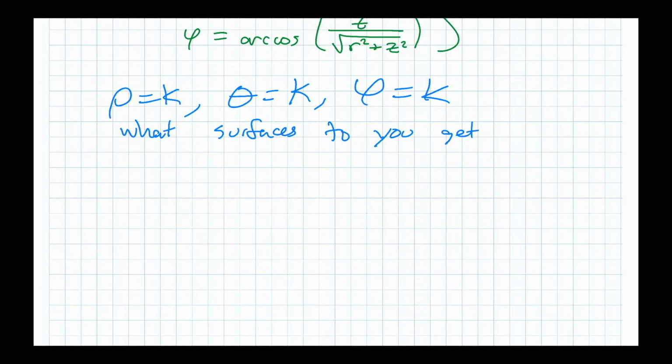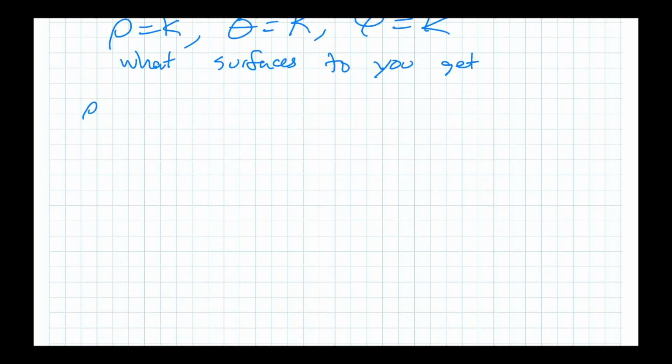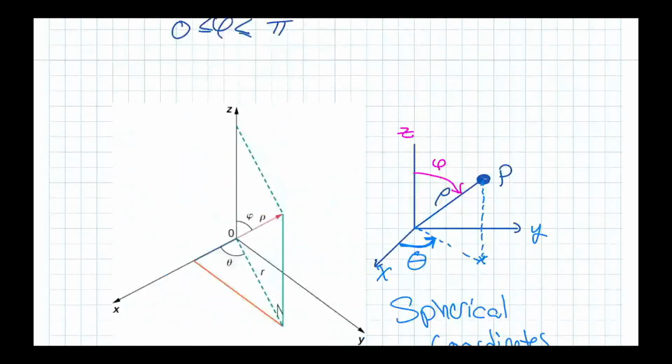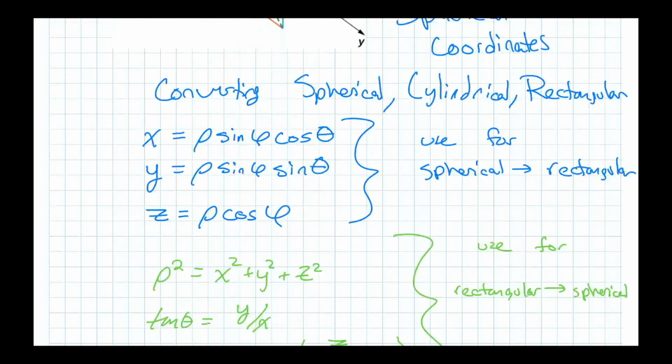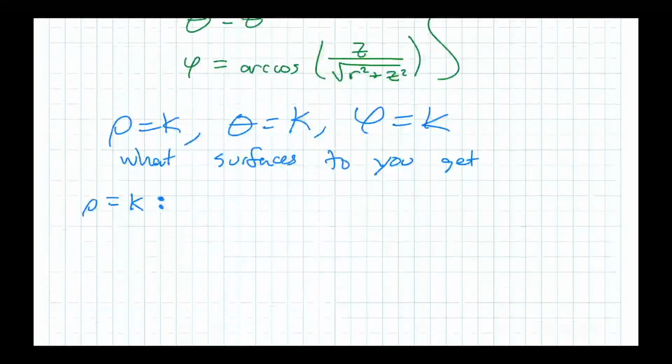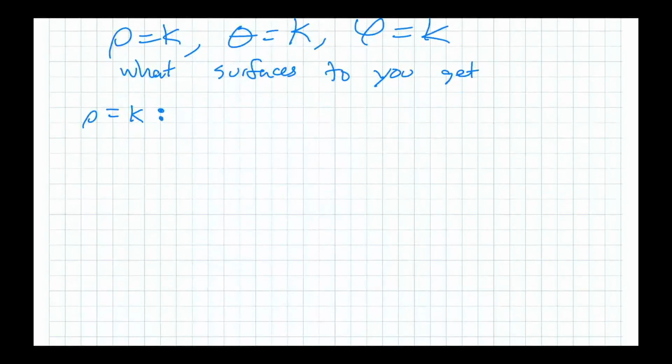Okay, so rho equals a constant is pretty obvious. Rho is a radius again, being measured from the origin out to a specific point. So if rho is a constant, it would be all of the points that have that same radius. All of the points in 3D space that have the same radius form a sphere, which is why these are called spherical coordinates, by the way.